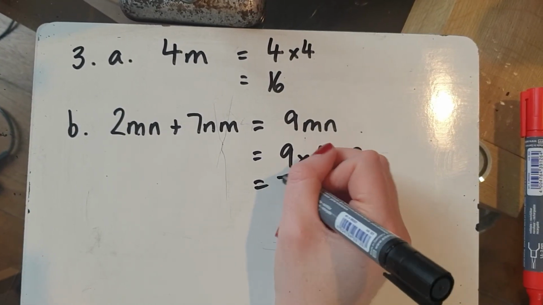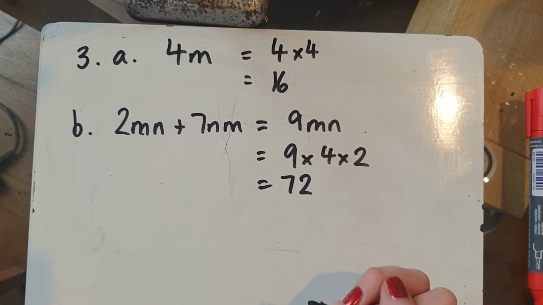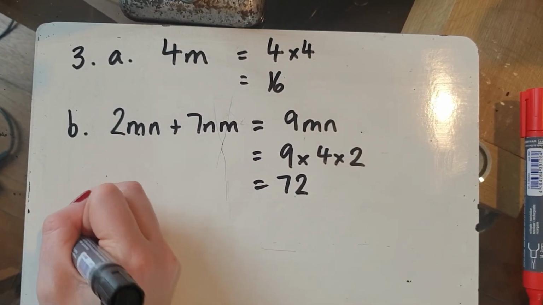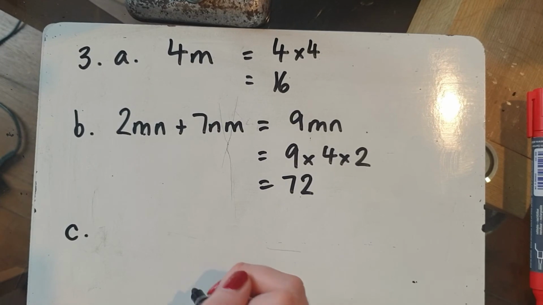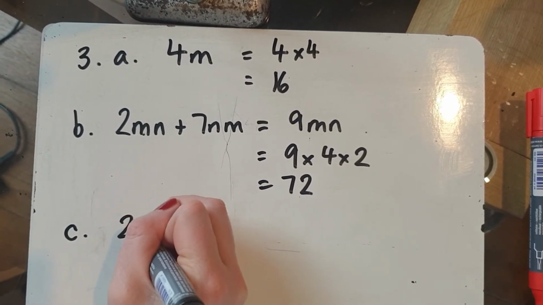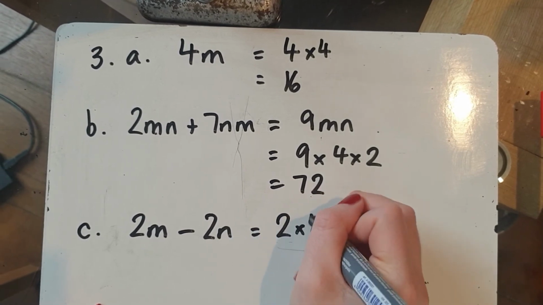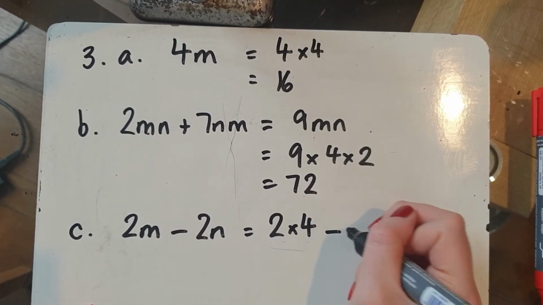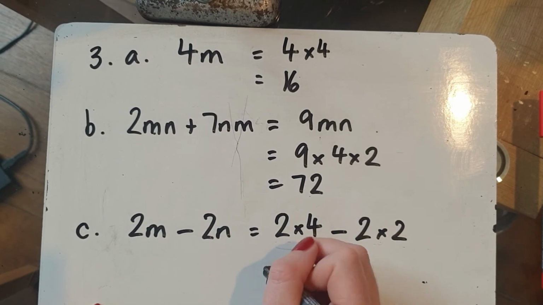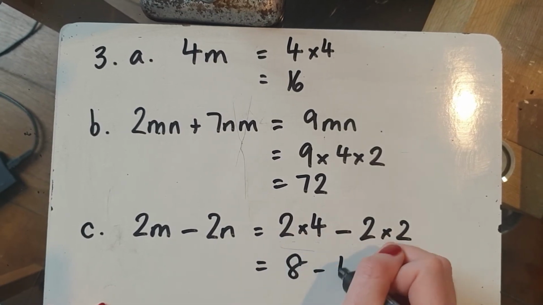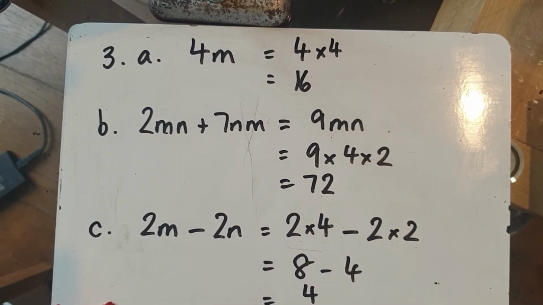So you would get 72 as your answer there. For part C, when you collect the like terms, you should get 2m minus 2n, and that will give you 2 times 4, because m is 4, minus 2 times 2, because n is 2. So you've got 8 minus 4, which gives you 4.